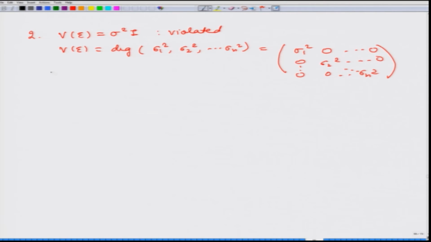In this case you can see that the variance of yi, which is the same as the variance of epsilon i, is equal to sigma i square.